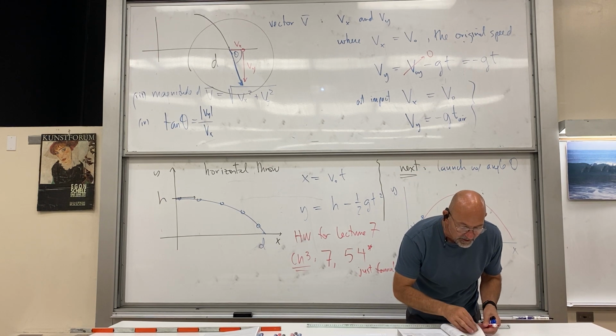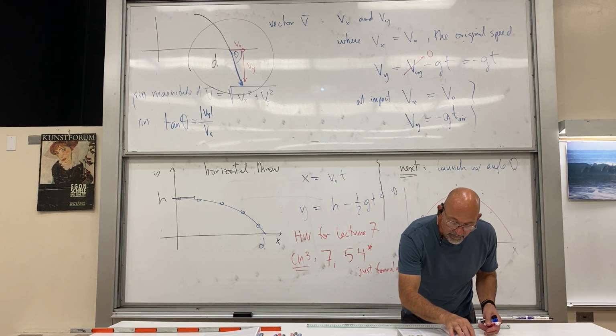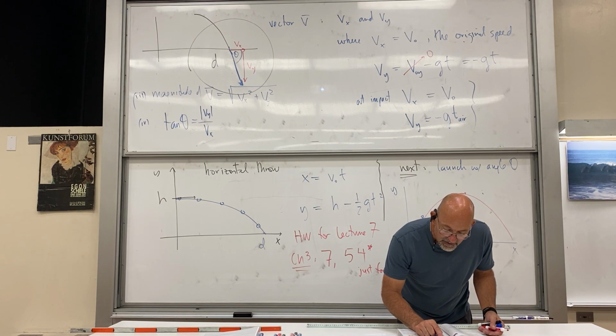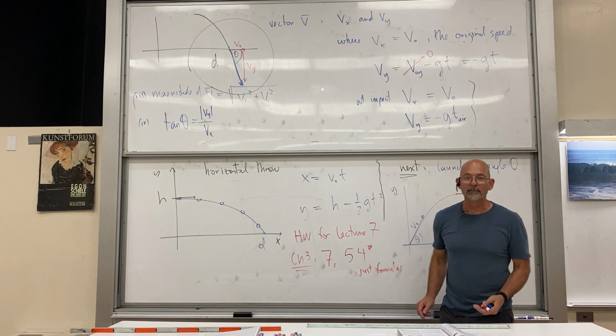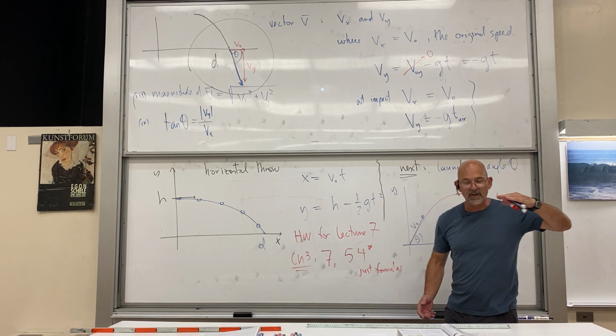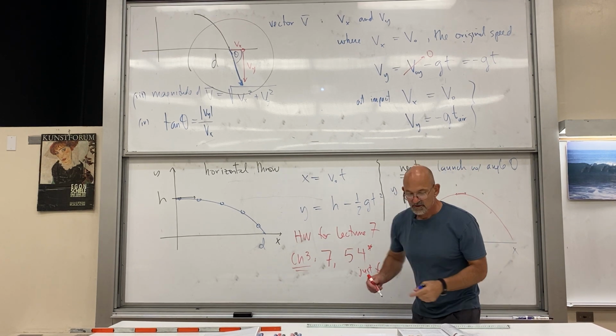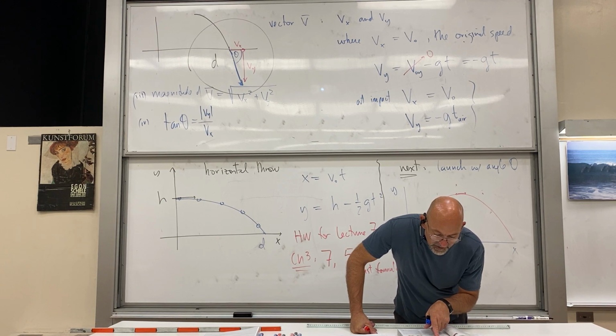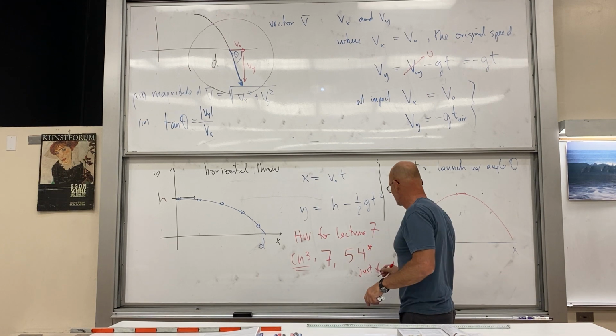There may be one more good one. I thought I remembered. Here's a good one, problem 28. It's a bomber dropping bombs, and the bomber is an airplane, it's flying horizontally. So 28, we'll do part 28A.